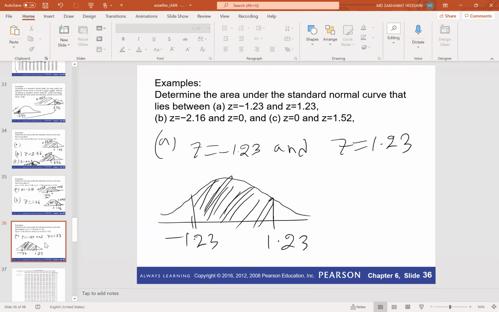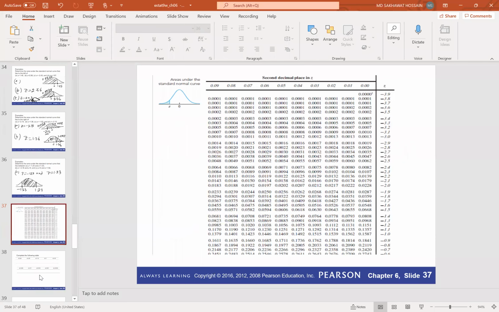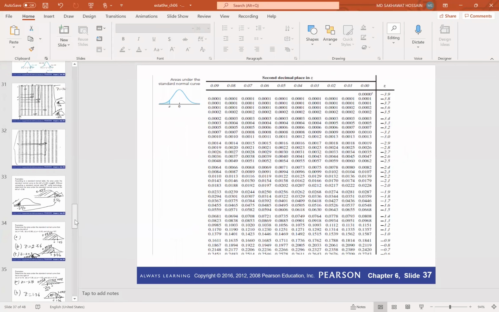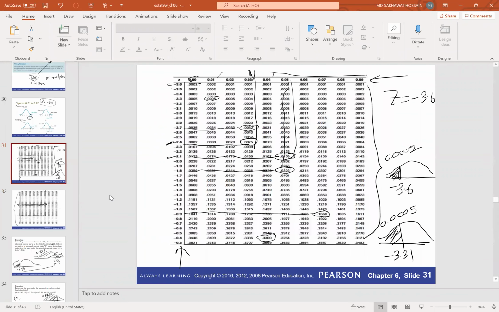If you look at negative 1.23, 1.2 is here and 3 is here, so it will be 0.1093.